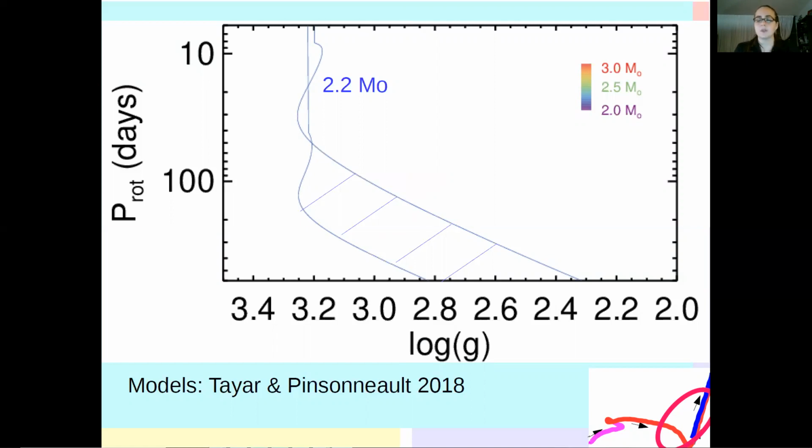Now, these stars had a range of rotation rates on the main sequence, and we expect that range of rotation rates to persist onto the red giant branch. So what I'm showing here is a band of prediction expectations given the range of rotation rates that we see on the main sequence. This is for a 2.2 solar mass star, where you can see it's crossing the Hertzsprung gap and then evolving up the red giant branch, and the same for a 3 solar mass star, that same sort of shape.